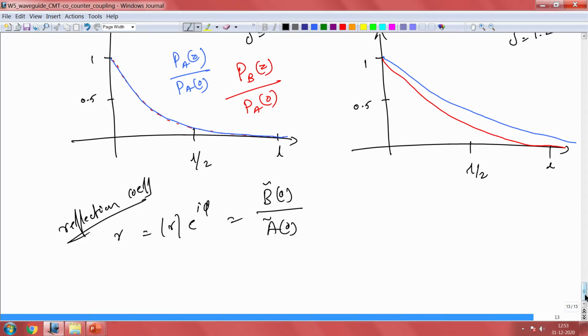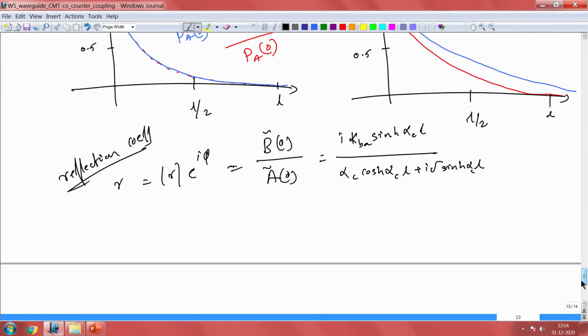So, this is what reflection is all about: how much power you get at A for the power that you put in B. And that is nothing but I kappa BA, which we saw, sinh alpha C L divided by alpha C cosh alpha C L plus I delta sinh alpha C L. So, this gives you the reflectivity.